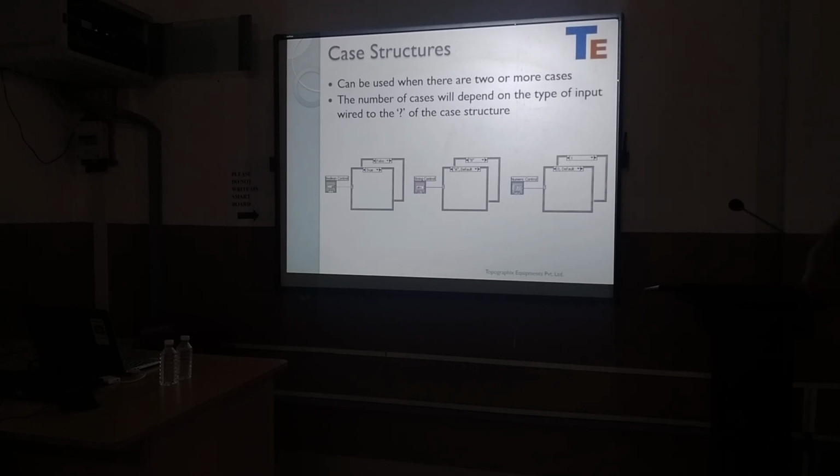You change the cases and your code is going to change as per that case. I will show you an example of it shortly. Similarly, I can also add a numeric control to it. So ideally, a case structure can have an infinite number of cases. But of course, we cannot have an infinite number of cases. It's physically impossible to do that. So whenever the case that you give to it is not available, it will run a default case.